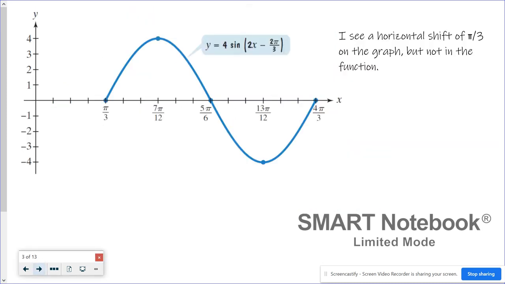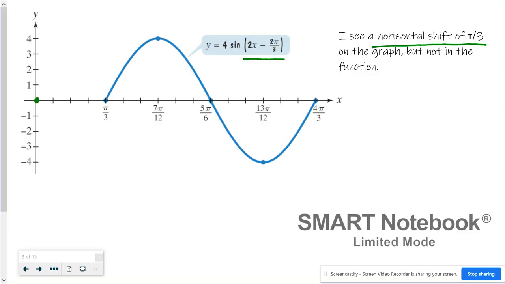All right, so here I'm seeing a cycle of sine. And when I look at the graph, what I see is a horizontal shift of pi over 3 to the right. Sine usually starts right here, but this one has been shifted pi over 3 units to the right.